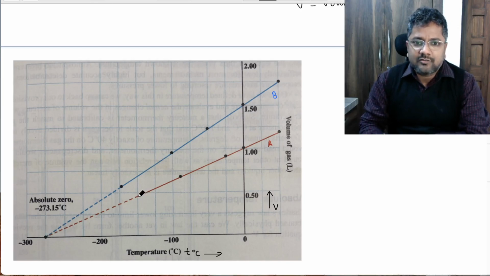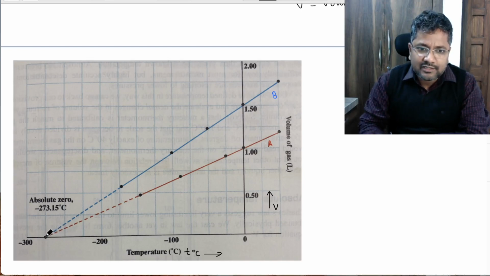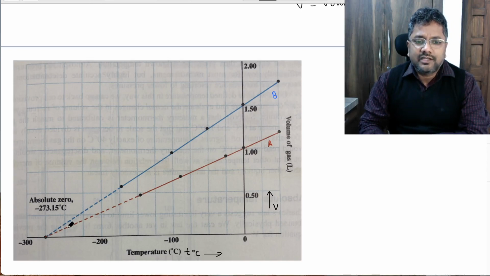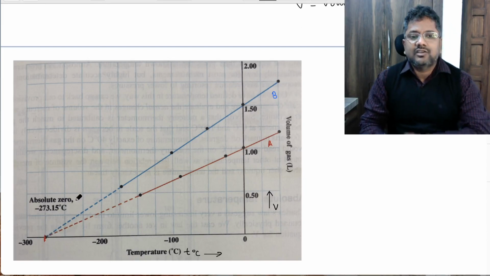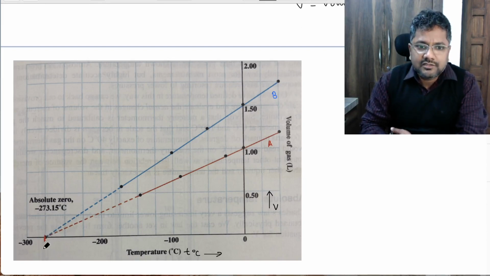So on extrapolating, this plot intersects at a point that is known as absolute zero, and it is minus 273.15 degrees Celsius, or you can write here 0 Kelvin, right? Absolute zero.